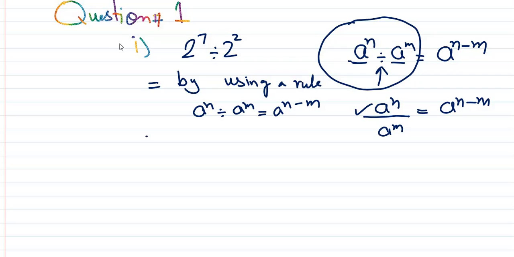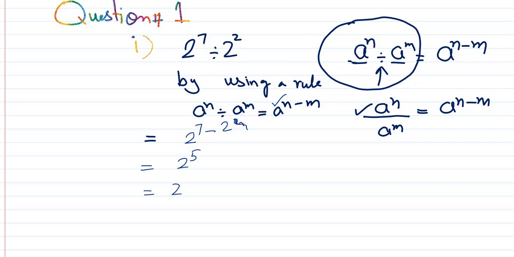Here we get 2 raised to power 7 minus 2. We are applying this rule.